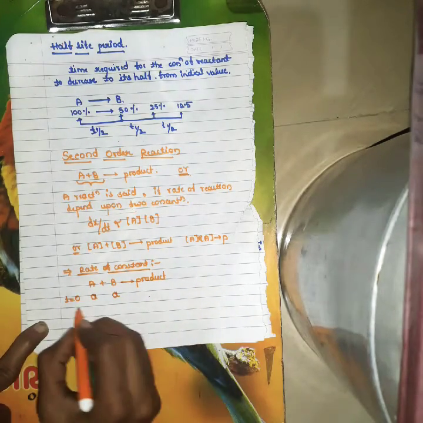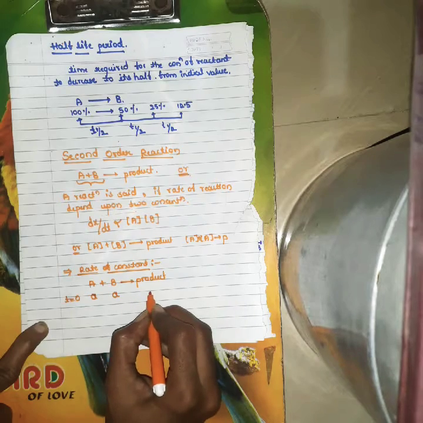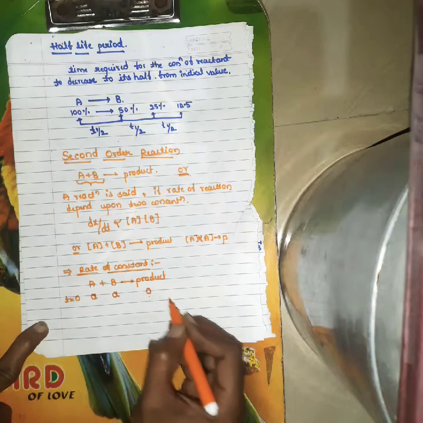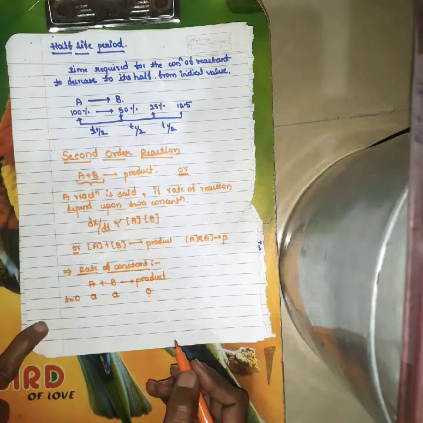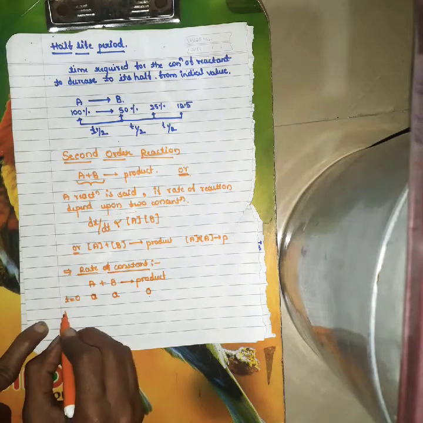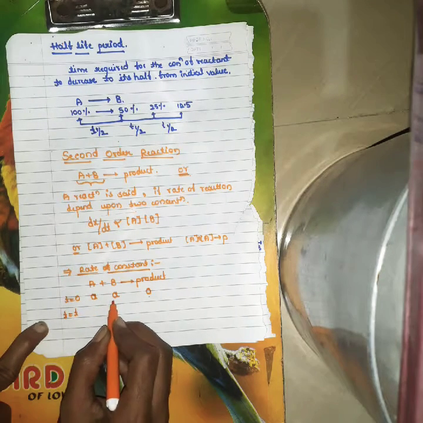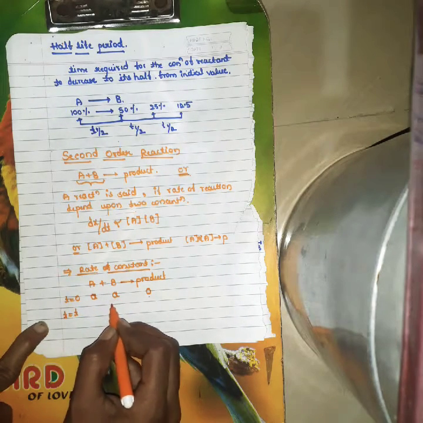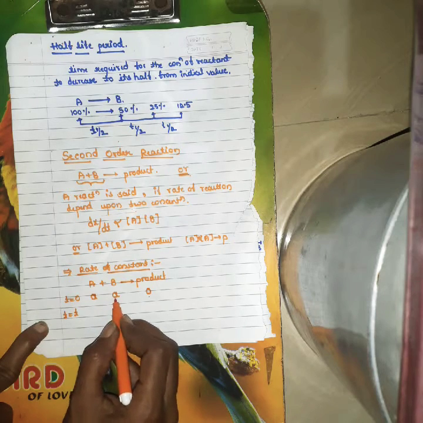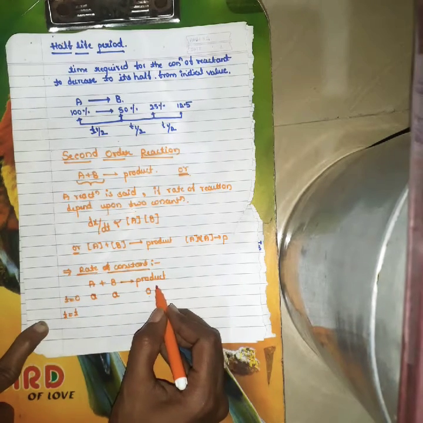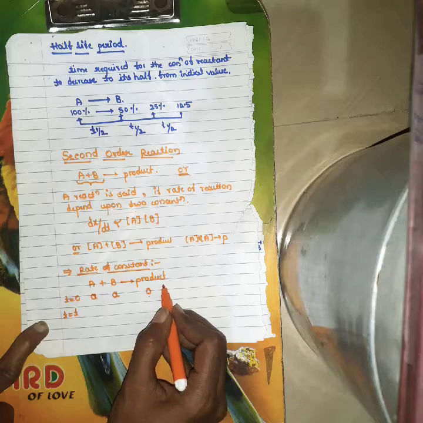At time 0 there is no formation of product, therefore the concentration of product is 0. After some time t, the concentrations of A and B decrease and the concentration of product increases.